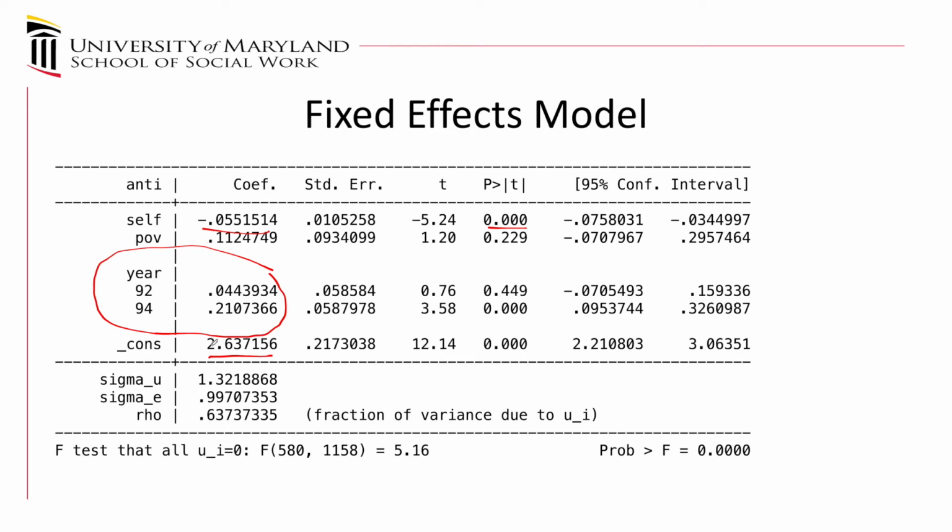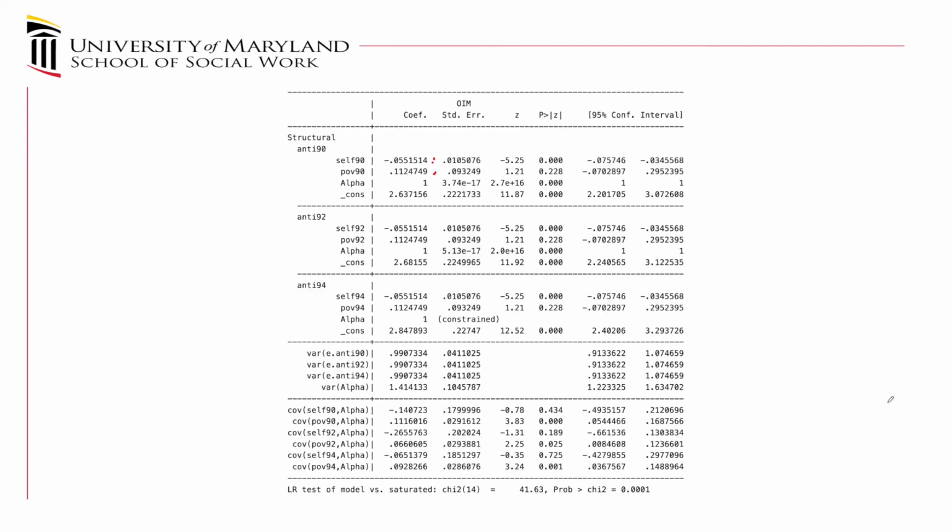So this is the constant for 1990, 2.63. This is the constant that is added to it for 1992, so this is what, 2.7-ish. And then for 1994, it's going to be 2.84, something like that. Let's see where that showed up. Here it is.